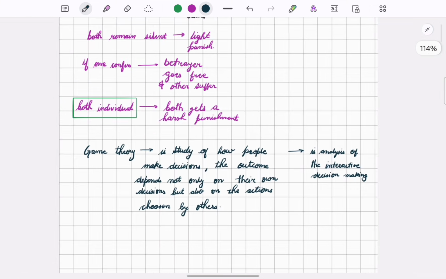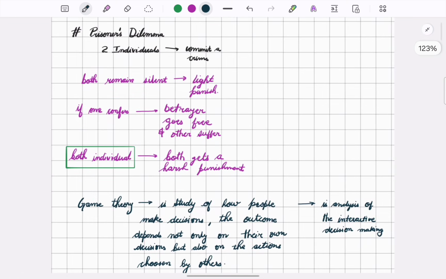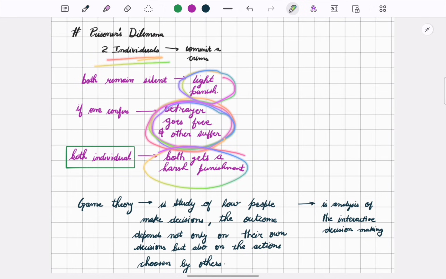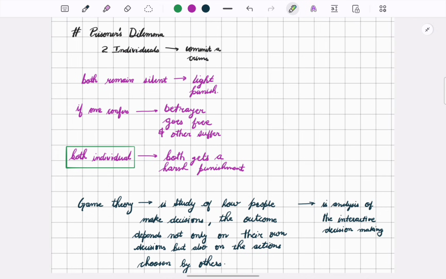And so, in a game theory framework or analysis, each individual is aware of their own objectives and preferences. For example, in the prisoner's dilemma, we know that each individual will prefer this outcome. This is the most preferred outcome, then this is the second preferred outcome, and this is the least preferred outcome. So each individual knows their set of preferences.